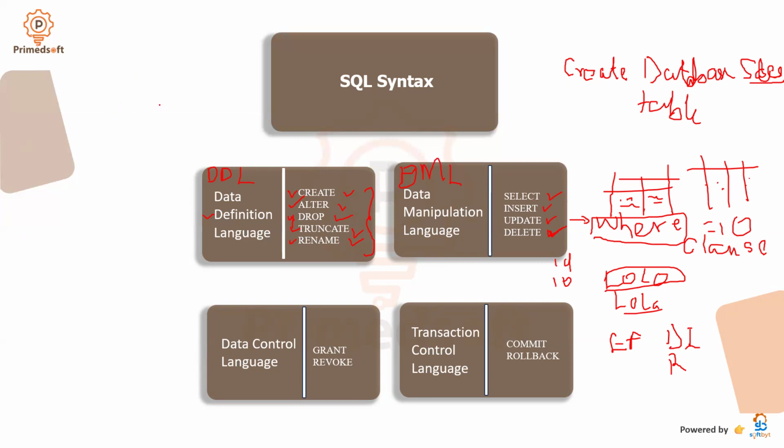So let's say we have a sales or order table. This is the order table. So, this is like order ID. This is the product you want to order.